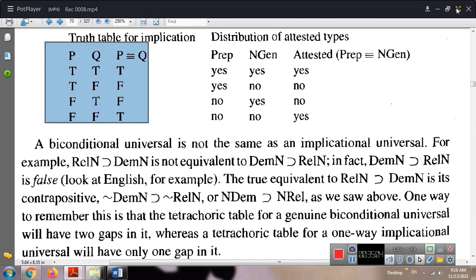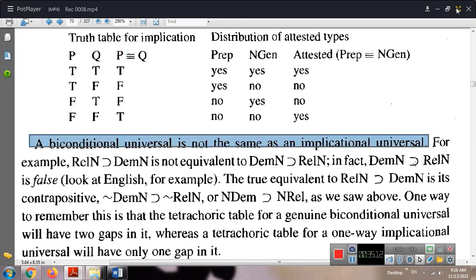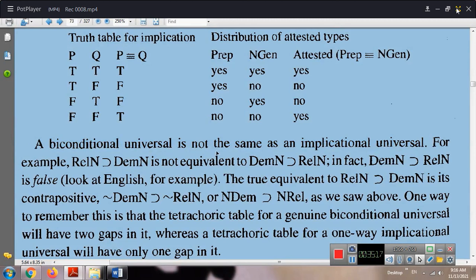A biconditional universal is not the same as an implicational universal. You should know that. It is important. A biconditional universal is not the same as an implicational universal. They are not the same. For example, if relative-noun then demonstrative-noun is not equivalent to if demonstrative-noun then relative-noun.